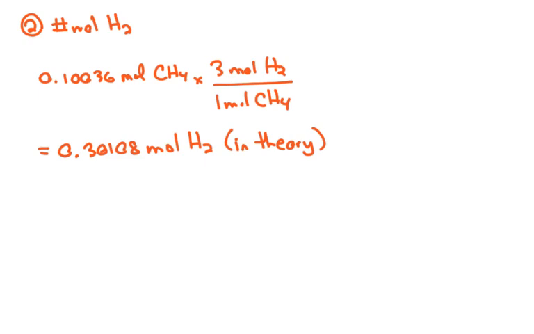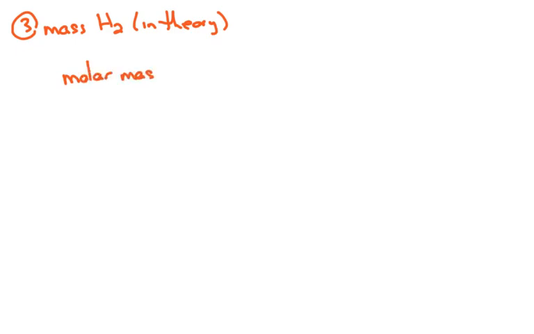Now that we know the number of moles we should make of hydrogen in theory, we can figure out the mass of hydrogen, again, in theory. To do that, we need the molar mass. Not overly difficult, but not the most simple. We have 2 hydrogens, each hydrogen weighing 1.008 grams per mole. That works out to 2.016 grams per mole for the molar mass of hydrogen.